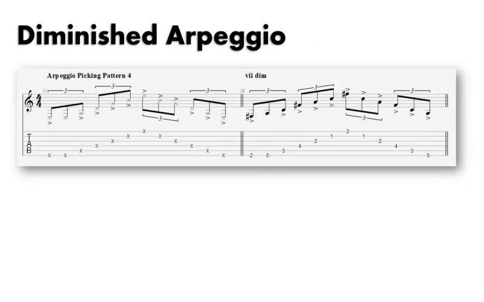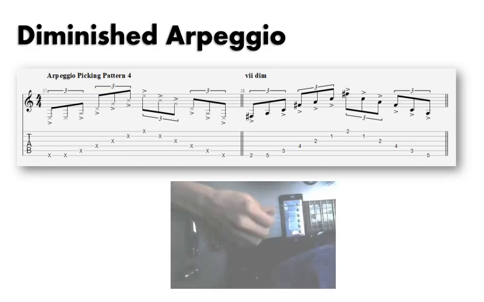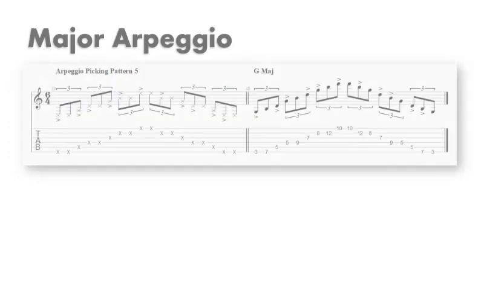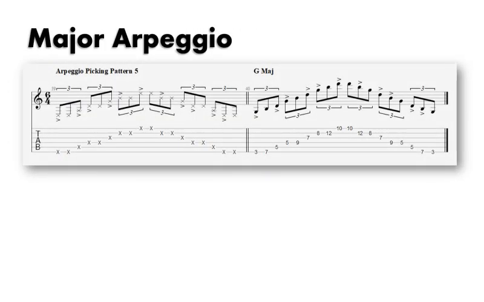This 4th arpeggio picking pattern is used for this diminished arpeggio shape. The final arpeggio pattern I will be presenting here is used for an extended major chord arpeggio shape.